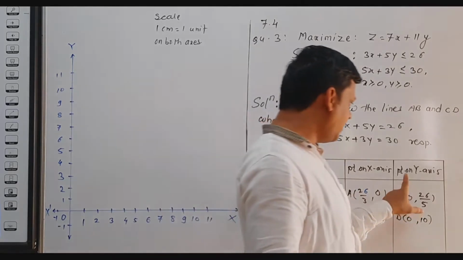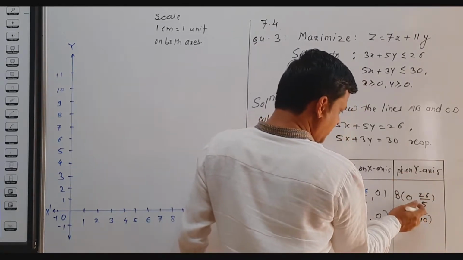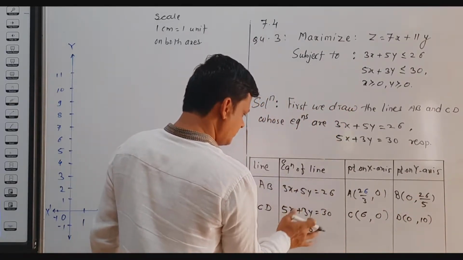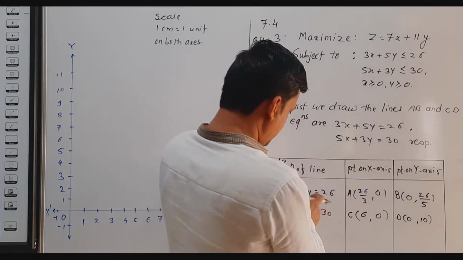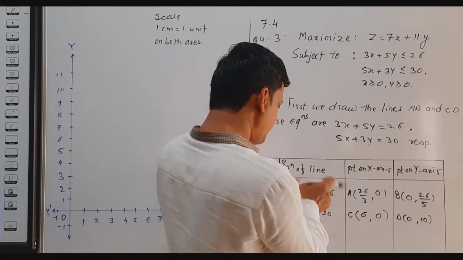Similarly, we find the points on the y-axis. We know that on the y-axis the x coordinate is 0. So we replace x by 0. We get 5y equals 26, that means y equals 26 by 5.